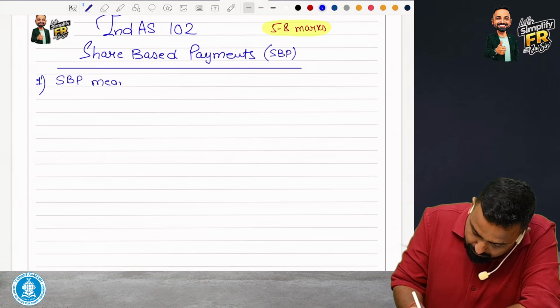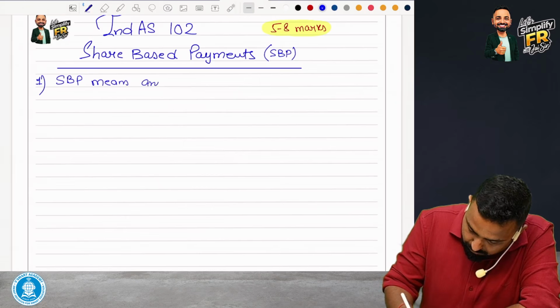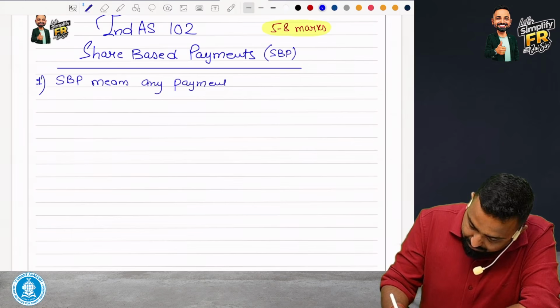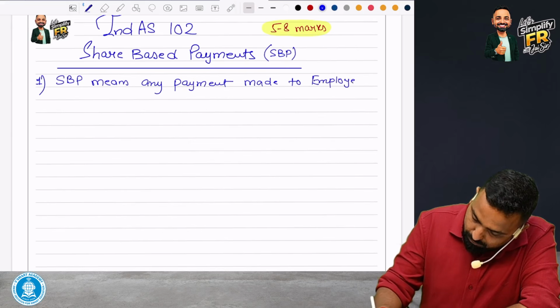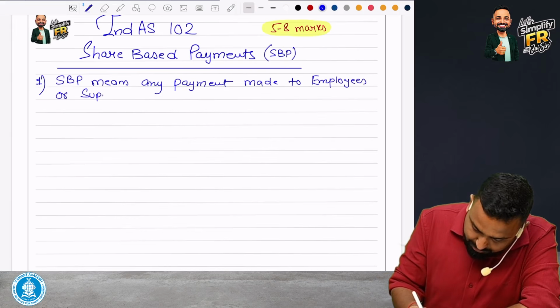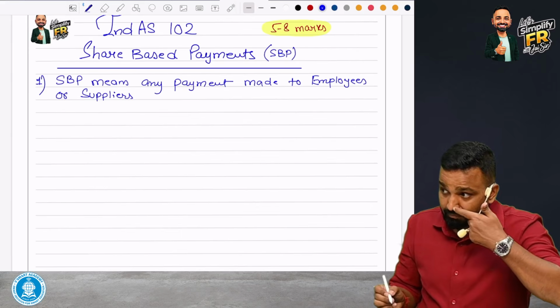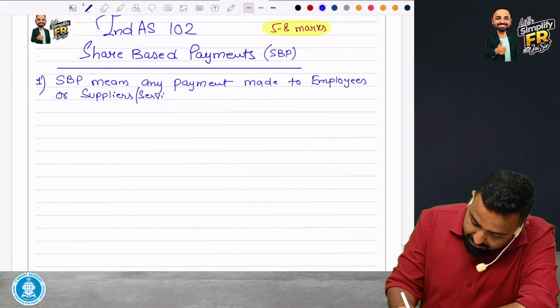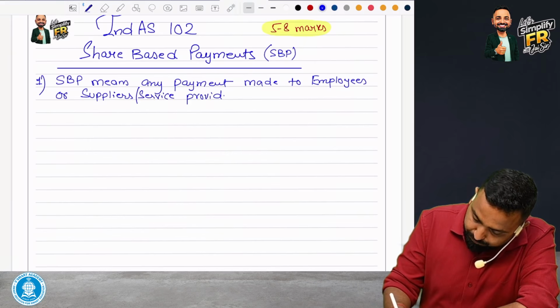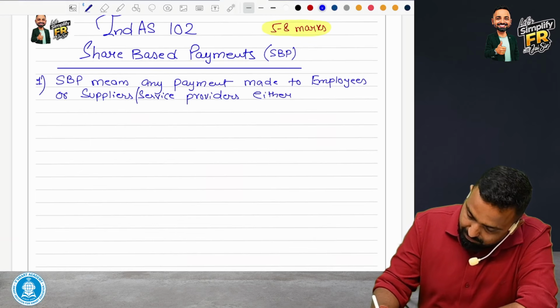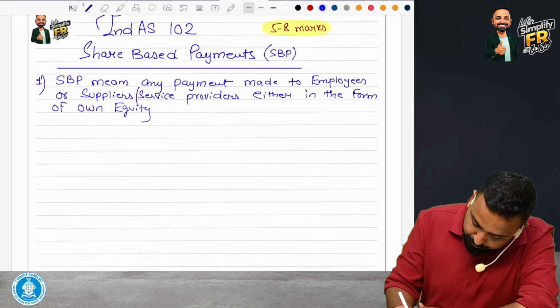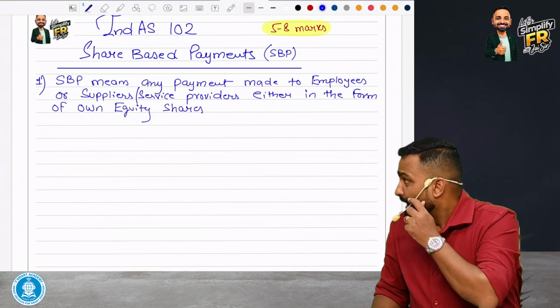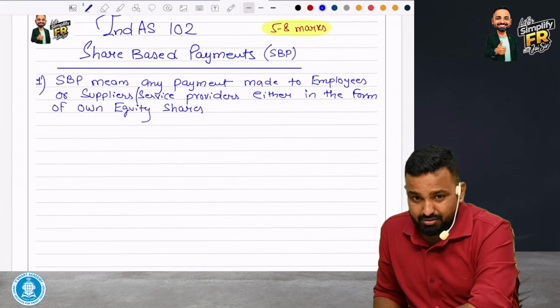SBP means any payment made to employees or suppliers or service providers, either in the form of own equity shares, you understood?